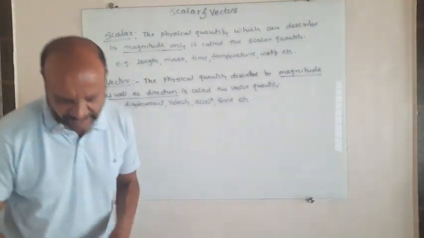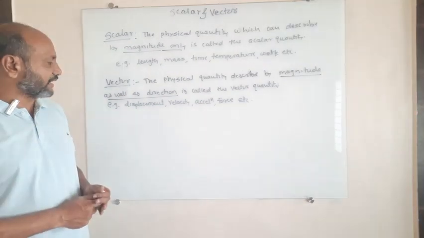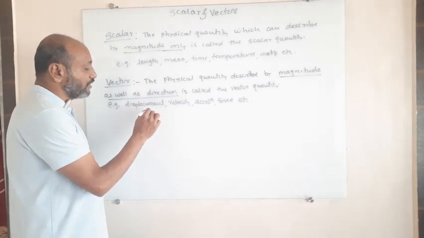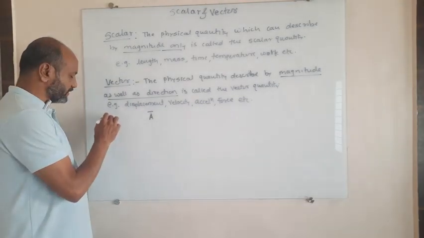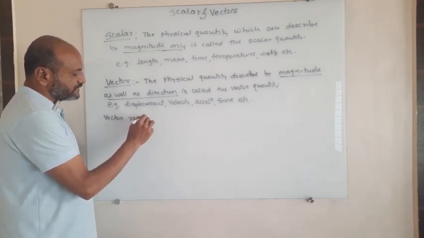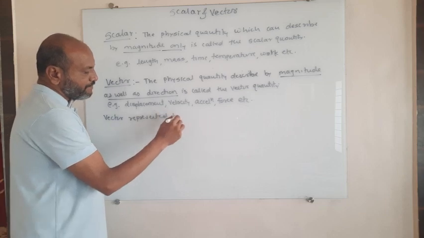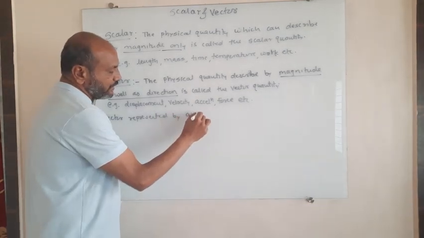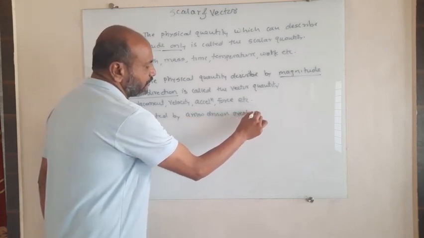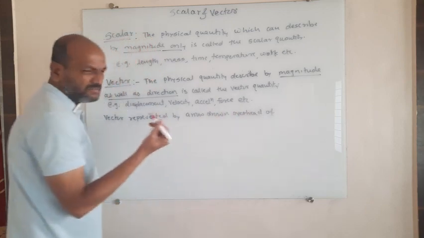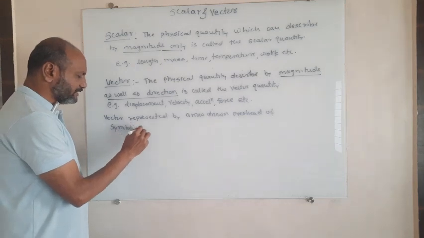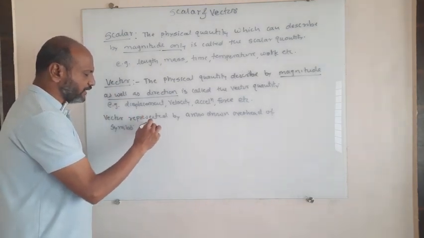Now listen here, the important thing is that a vector is always denoted by an arrow drawn overhead of the symbol, that is, A bar.